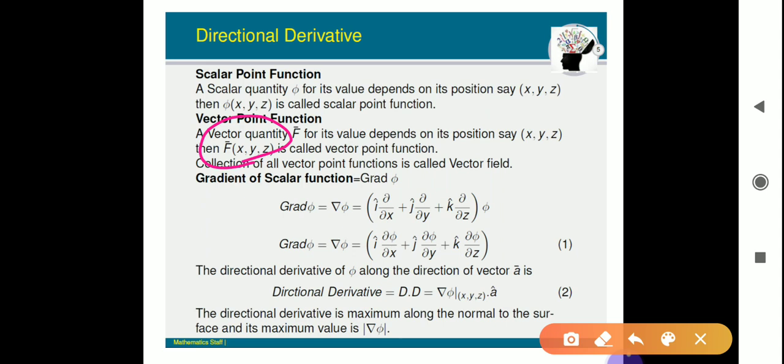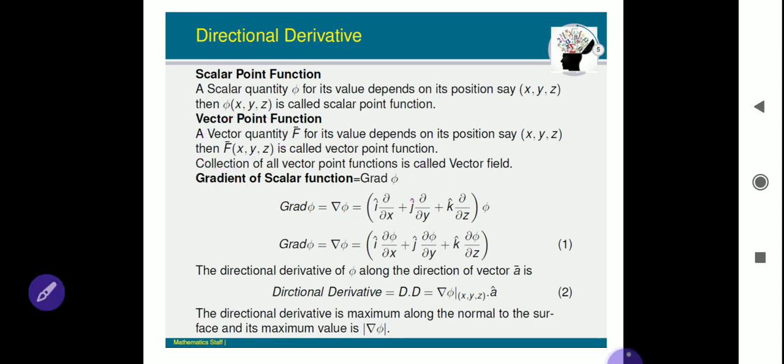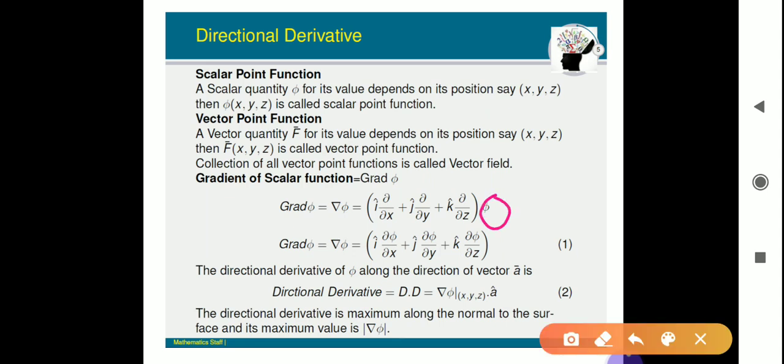Now for the directional derivative, first we have to define the gradient. The gradient of phi is denoted by del phi. But what is del? This del is a vector differential operator, and del is i bar del by del x plus j bar del by del y plus k bar del by del z.